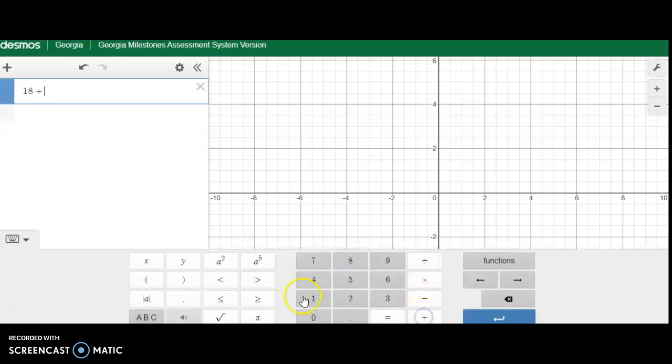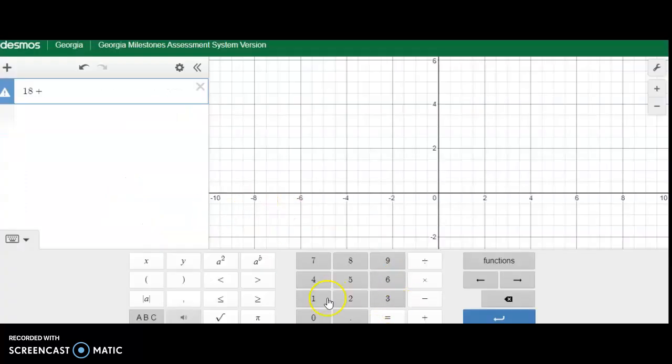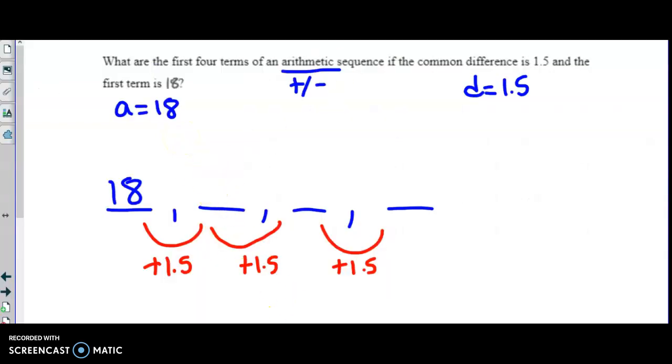So if you've got your brain, that's usually faster than the calculator. 18 plus 1.5. So my next value would be 19.5. I'm going to fill that in here. And then I'm going to add 1.5 to it again.